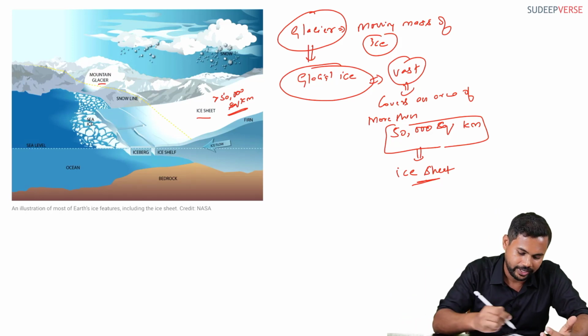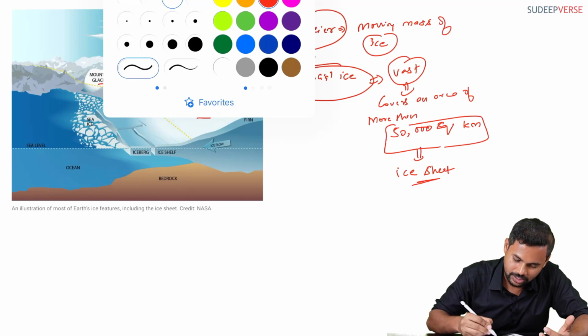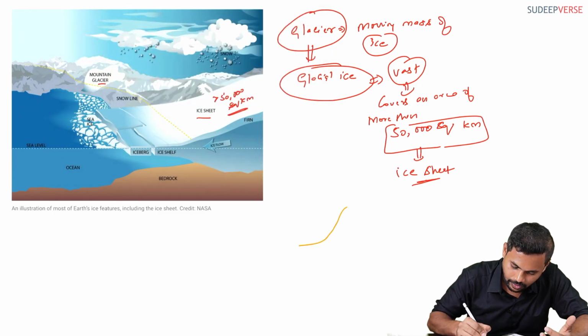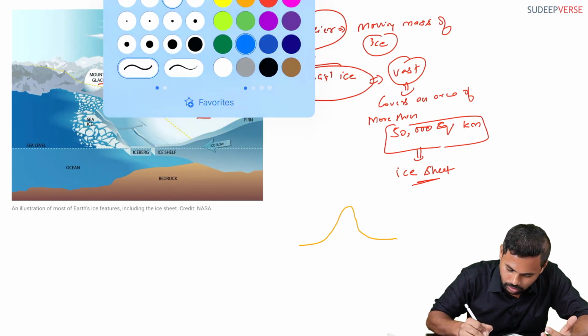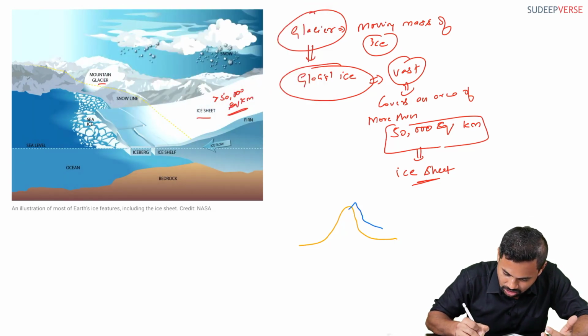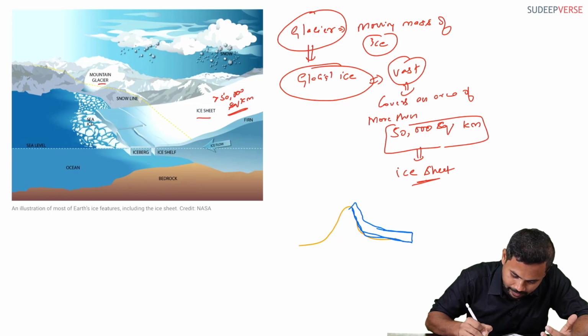So if I take this as land, and now I do this as an ice sheet, let us say that this is an ice sheet. Look at this, it is spread almost covering the entire land.